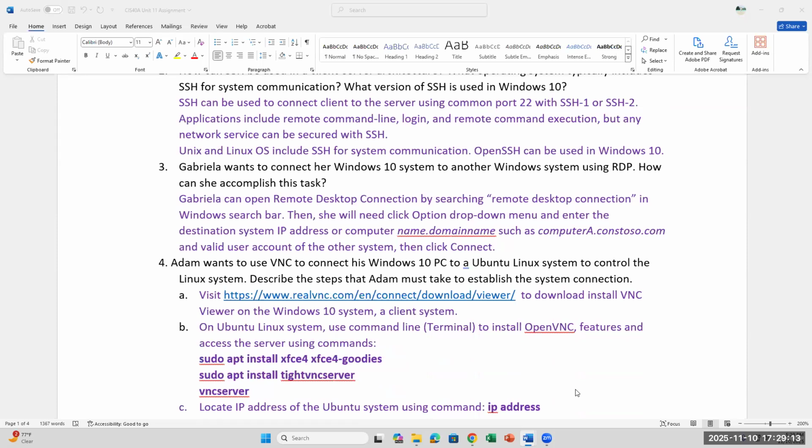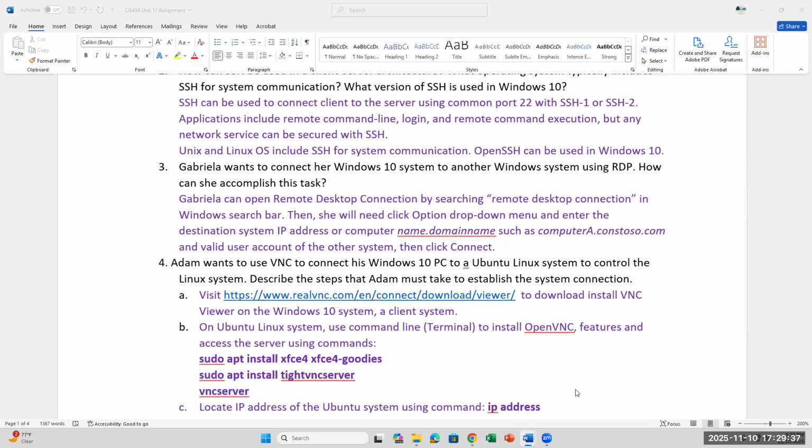So if we're using system A to access system B, system A is going to be the viewer, and system B is going to be the server. So on Adam's Windows PC, we're going to install the Real VNC viewer on the Windows 10, which is a client system.